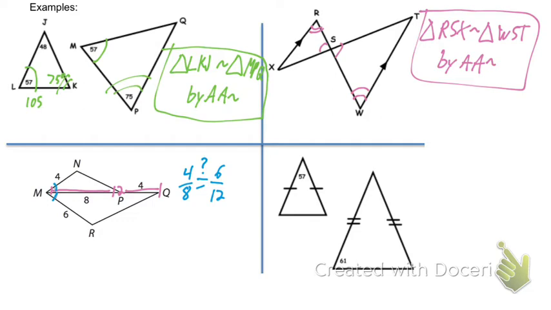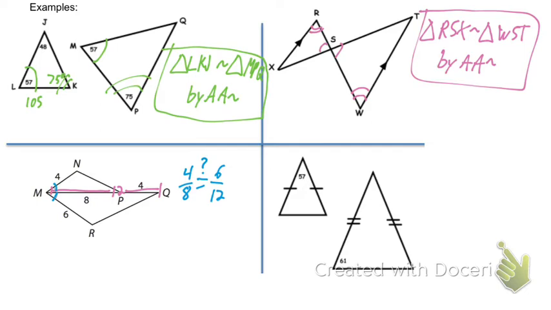Now, 4 over 8 and 6 over 12, there are a few different ways we can do this. You can simplify the fractions and see if you get the same thing. You can divide 4 by 8 and 6 by 12 in a calculator, get a decimal, and see if they're the same. You can cross multiply and see if you get the same thing on both sides. Any of those methods will work.